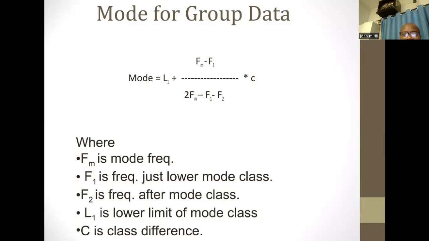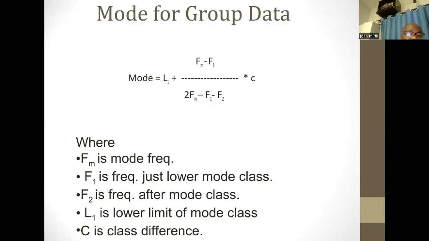Once you have put the data in classes, the mode is the lower limit of the mode class plus the mode frequency minus the frequency of the class just below the mode, divided by 2 times the mode frequency minus the frequency just before the class minus the frequency after the mode class, then multiplying by the class difference. That is the mode.